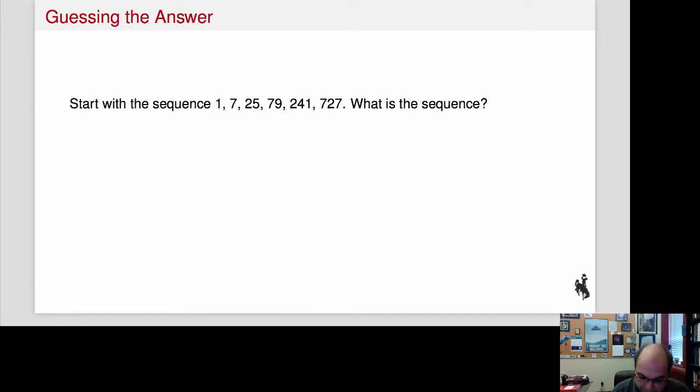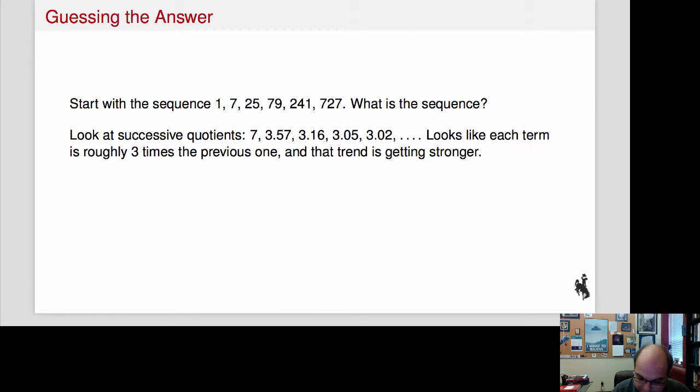Okay, let's look at this other one. 1, 7, 25, 79, and so on. Successive quotients: 7, 3.57, 3.16, 3.05, 3.02.